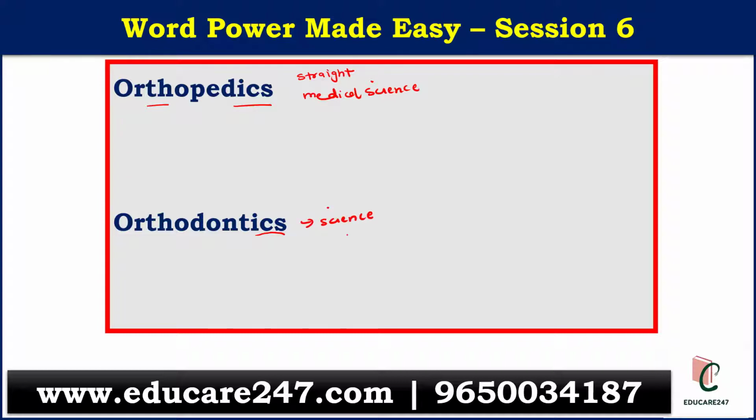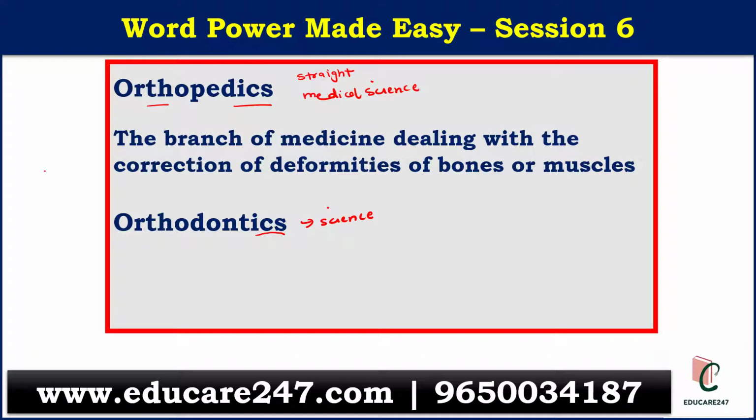This was the root word which we discussed in session 5, if you remember. Orthopedics is the branch of medicine dealing with correction of deformities of bones or muscles. In medical science, what keeps our body straight are bones and muscles, so ortho is generally termed as relating to bones or muscles.